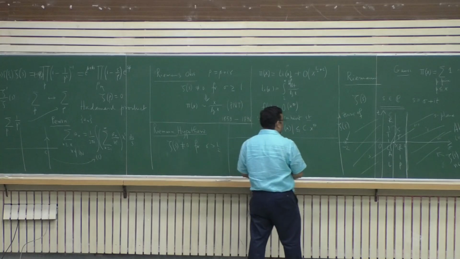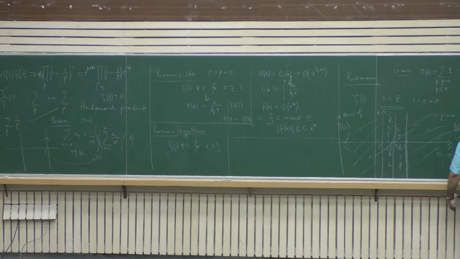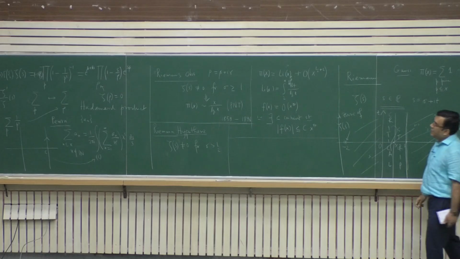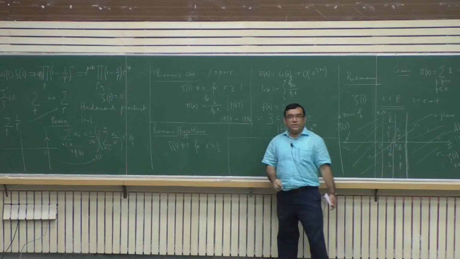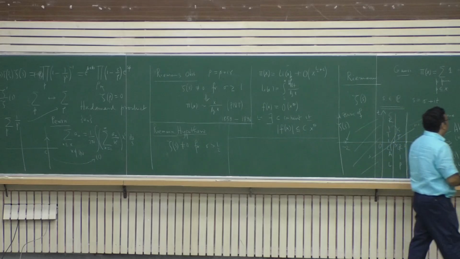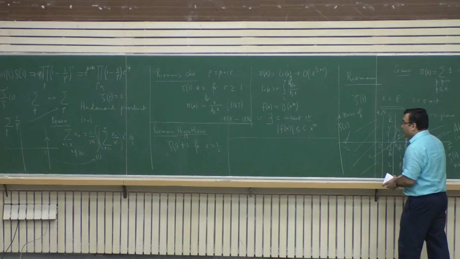So what do you know about zeros? Almost nothing. So in the last 115 years, 16 years after Riemann made that conjecture, almost nothing is known.